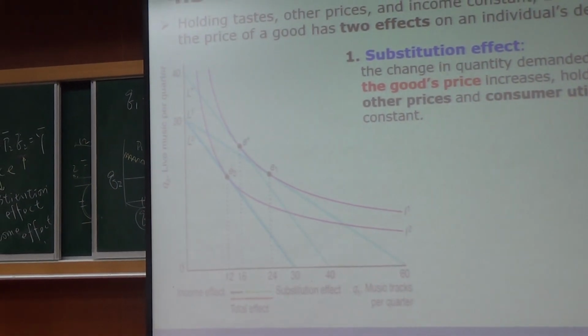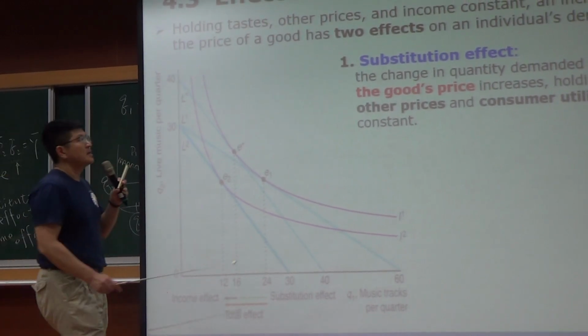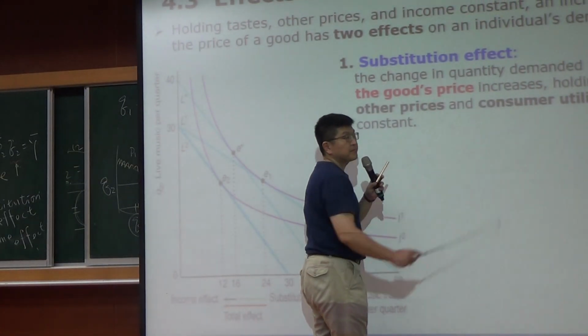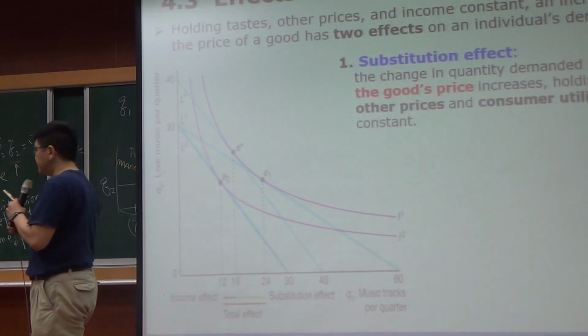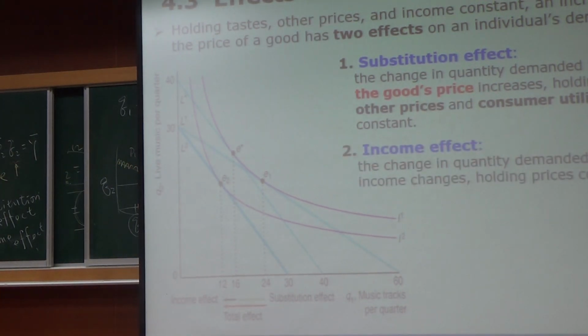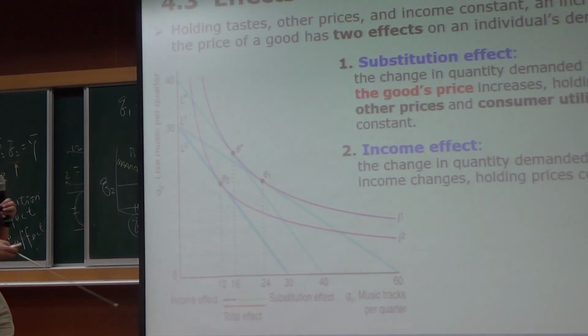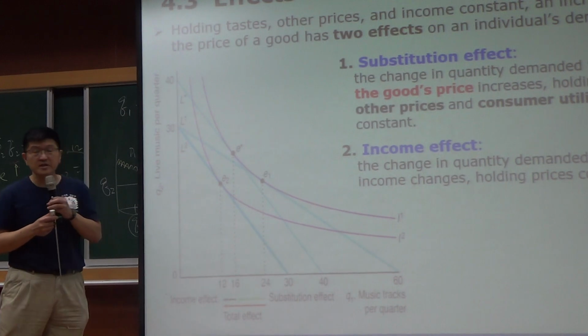So would you please highlight the second part here? Consumer utility. And income effect: the change in quantity demanded when income changes, holding prices constant.